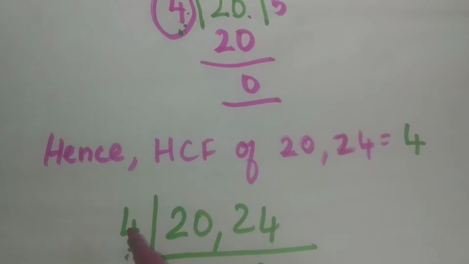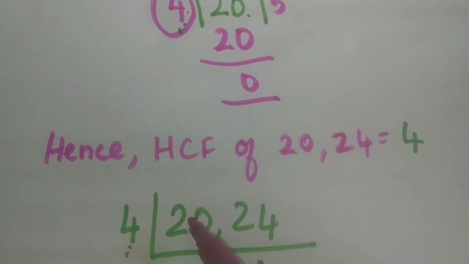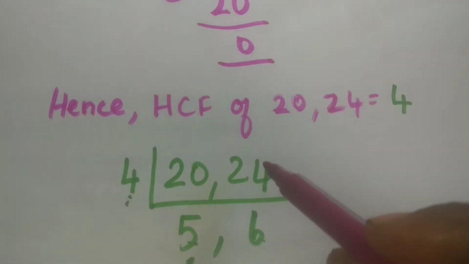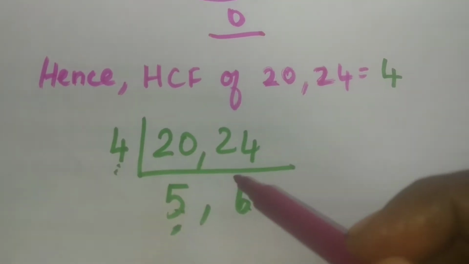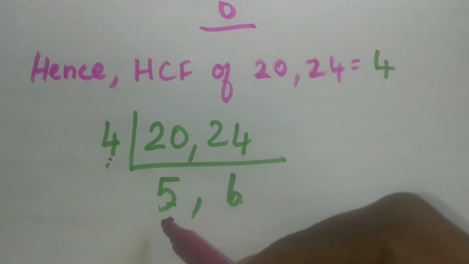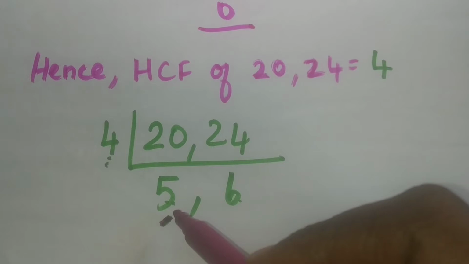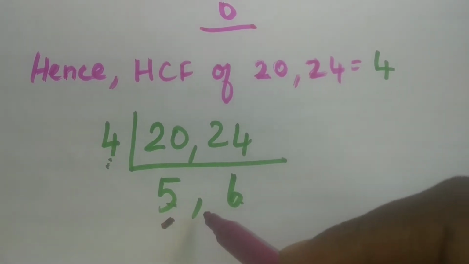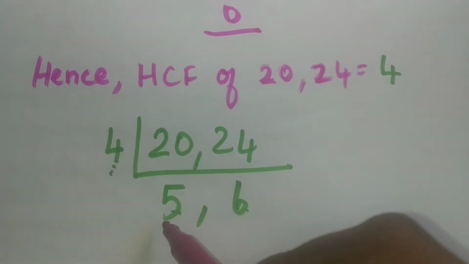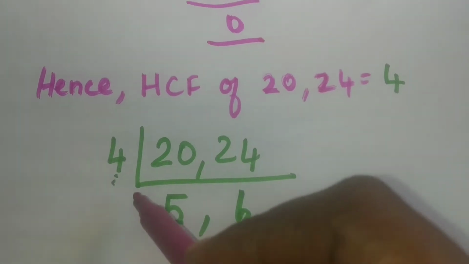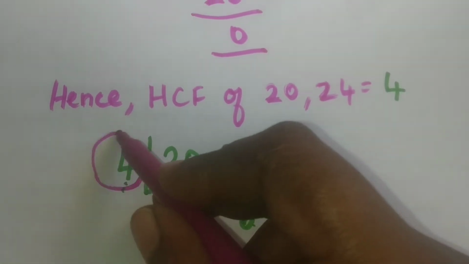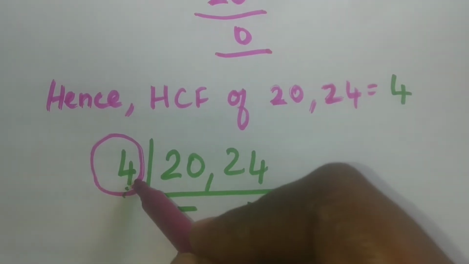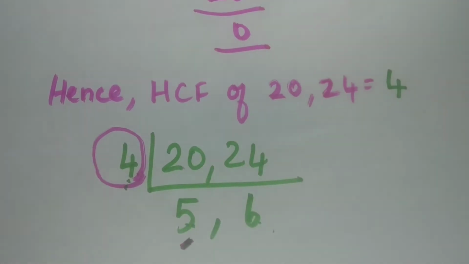So what do you get? 4 5s are 20 and 4 6s are 24. See, 5 is a prime number, so we won't get any common factor with other numbers. So we can't divide further. So it is proved that 4 is the highest common factor for 20 and 24.